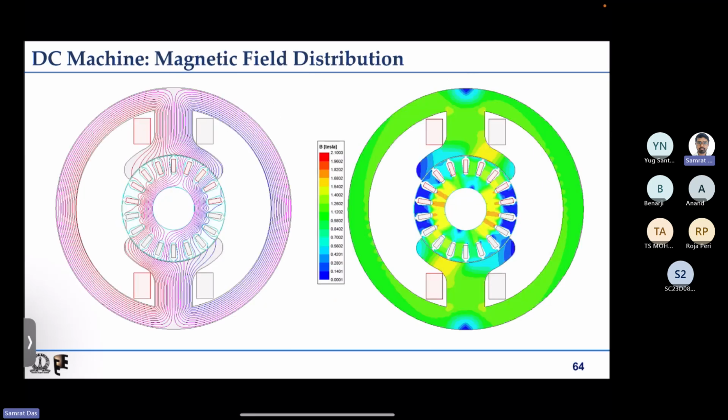Yes, so I have just indicated how the field will look if both the field coil and the armature coil are excited with some current. Then I have indicated how the flux line distribution will be, and you can see that in the rotor, earlier this was the stator axis.